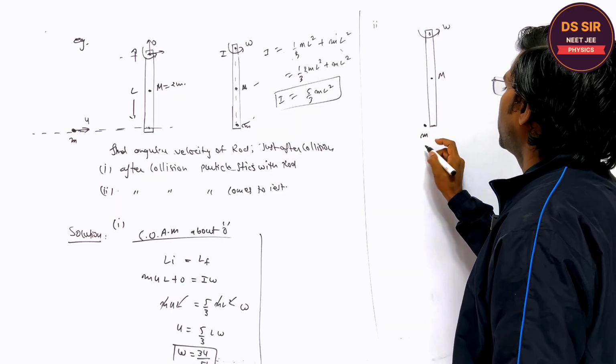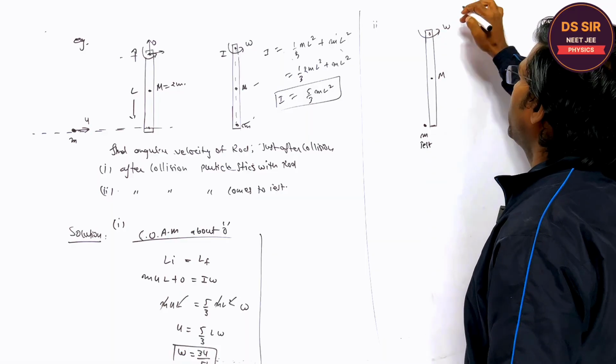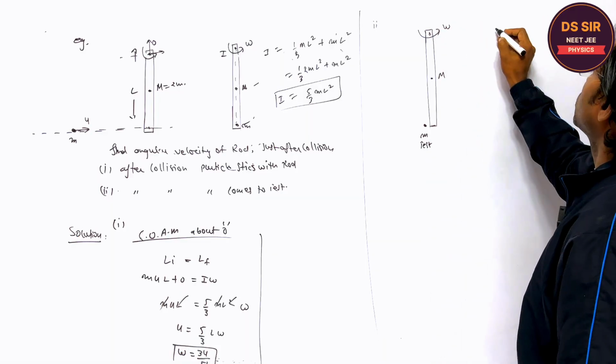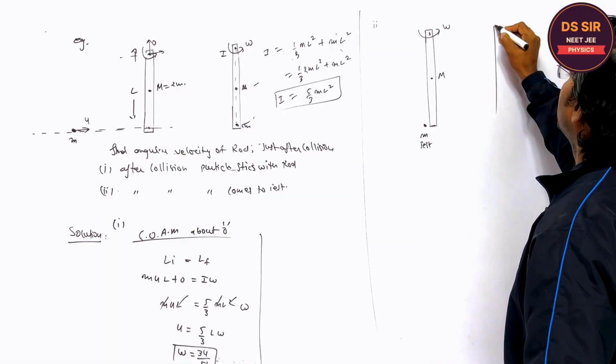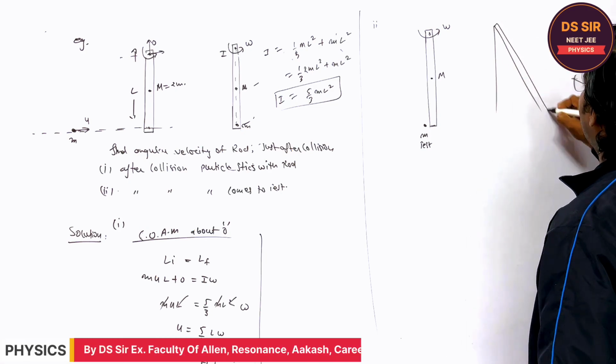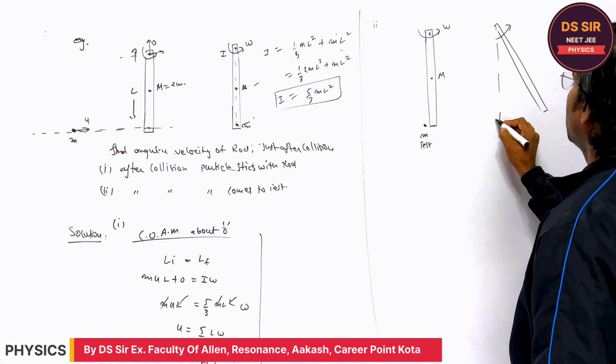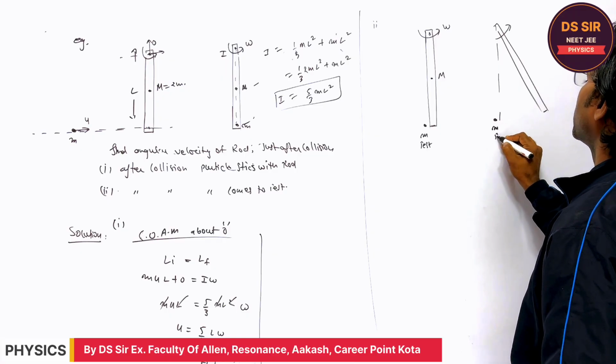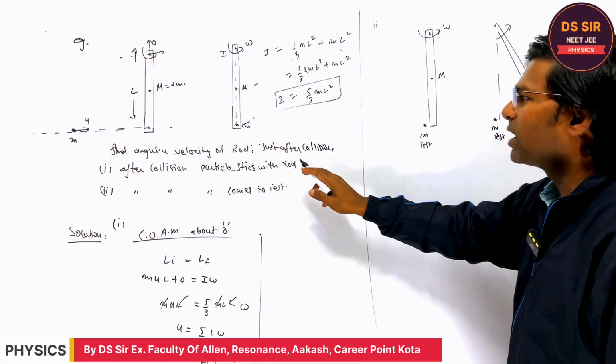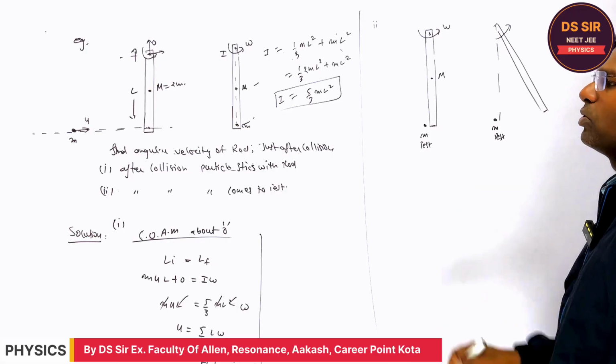So the rod will start rotating and the particle will be at rest. Just after the collision, we have to find the angular velocity.